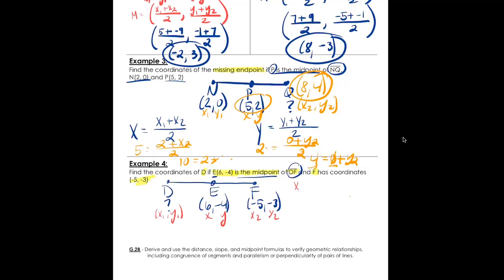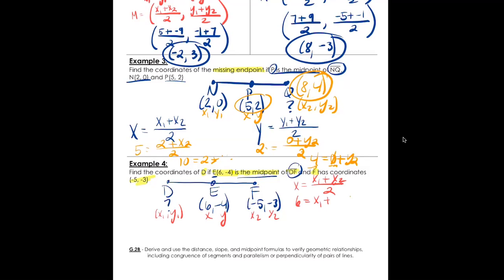So if X equals X1 plus X2 over 2, 6 equals X1, we don't know X1, plus, ooh, I made a mistake right here again. I'm messing up today, y'all. X's go together in the formula, not XY, it's not slope. X1 plus X2, okay.